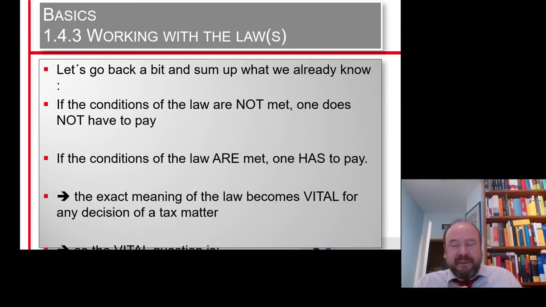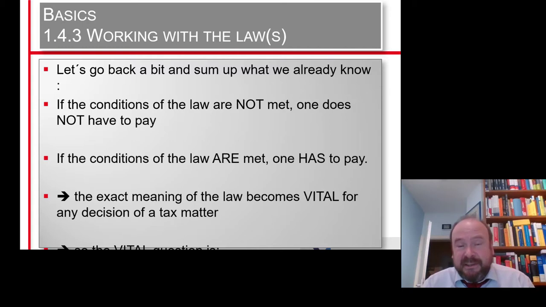So naturally, that also means reading that law exactly becomes very, very important for everything you can do. If a law clearly says, if you have an annual income of 100,000, you have to pay, let's say, 30,000 as income tax, then what is meant by annual income becomes vital for the treatment of the case.